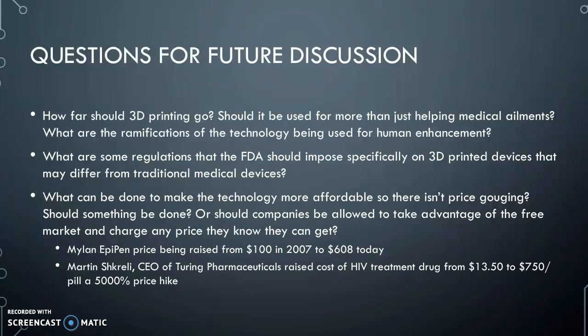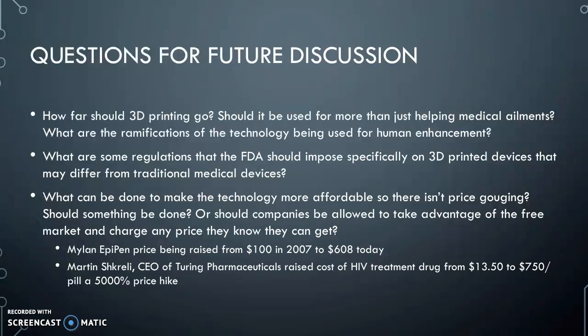One more question. What can be done to make the technology more affordable so there isn't price gouging? Should something be done? Or should companies be allowed to take advantage of the free market and charge any price that they know they can get? There are two examples listed below. One was the price raising of the Mylan EpiPen from $100 in 2007 to the price of $608 today.